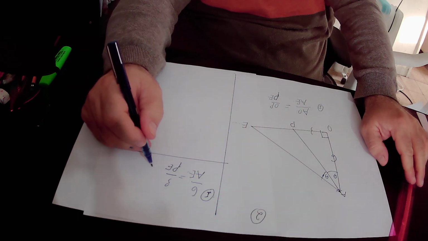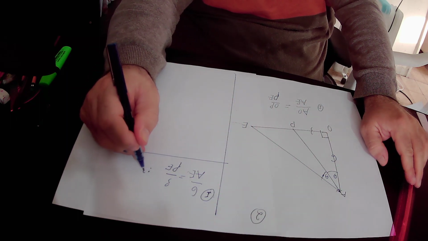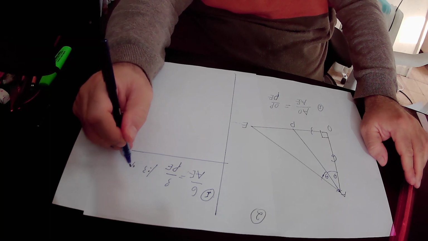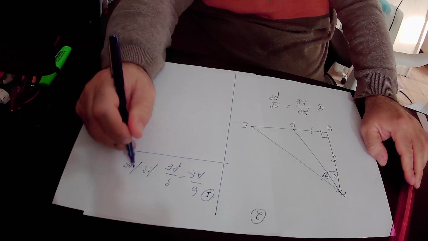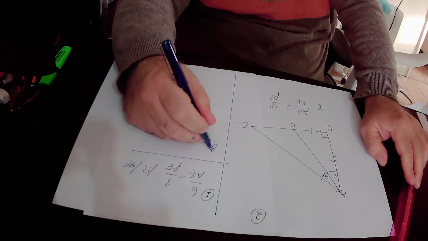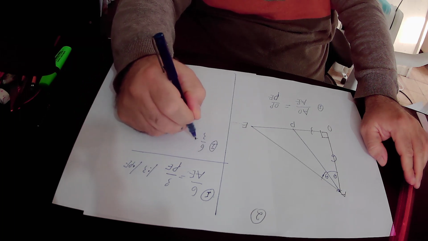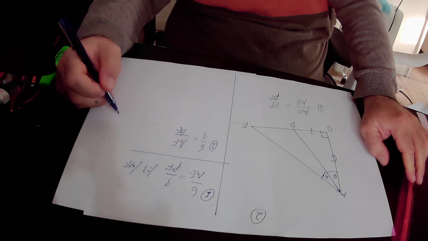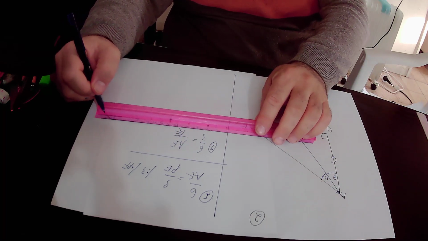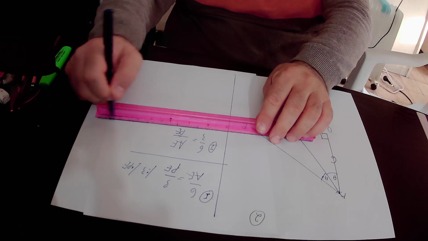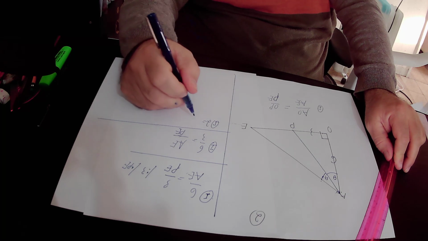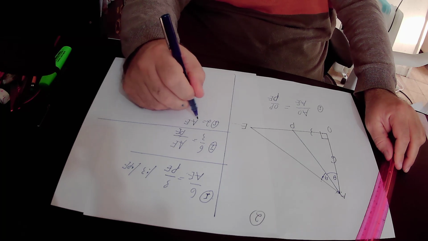So here we'll divide this equation number 1 by 3, and multiply it by PE, and we'll get that according to equation number 1, 6 over 3 equals AE over PE. Six over 3 is 2, so 2 equals AE over PE.